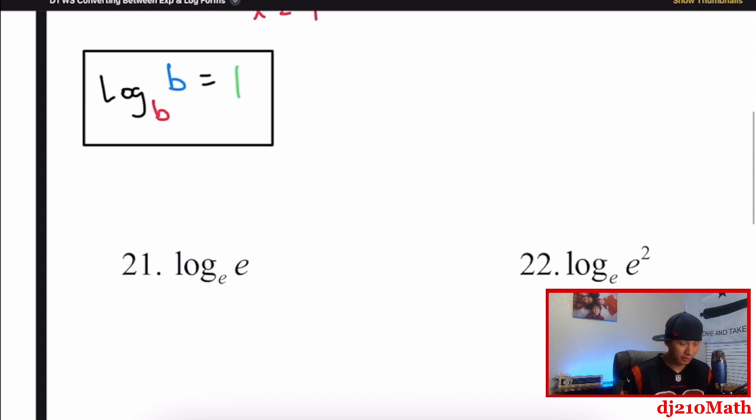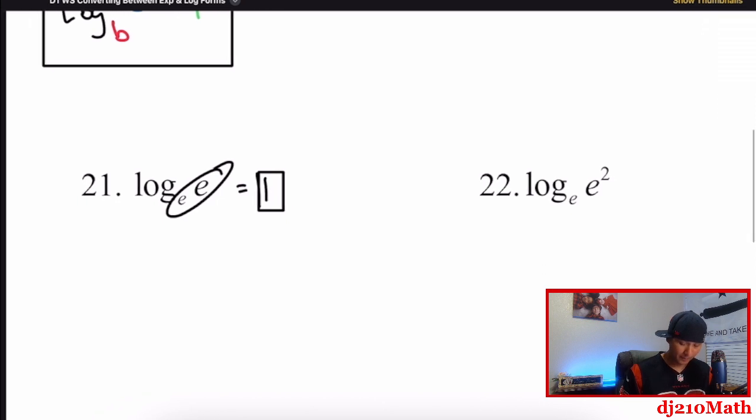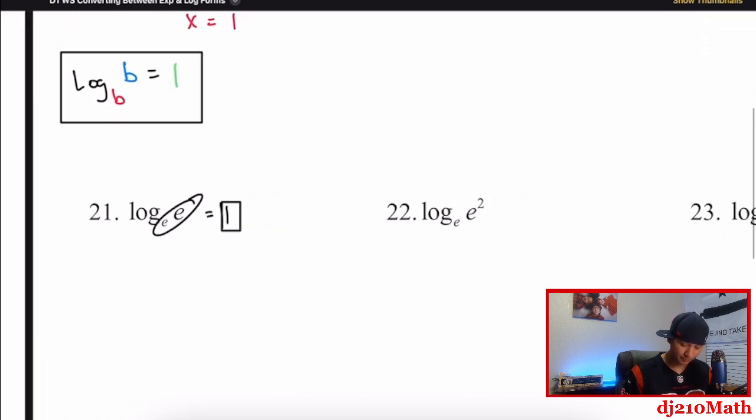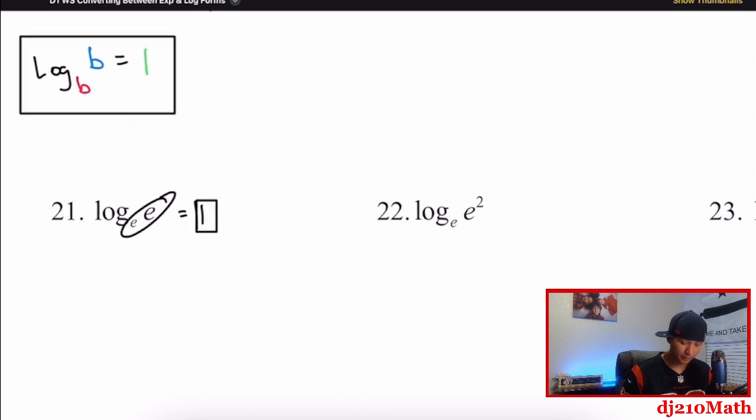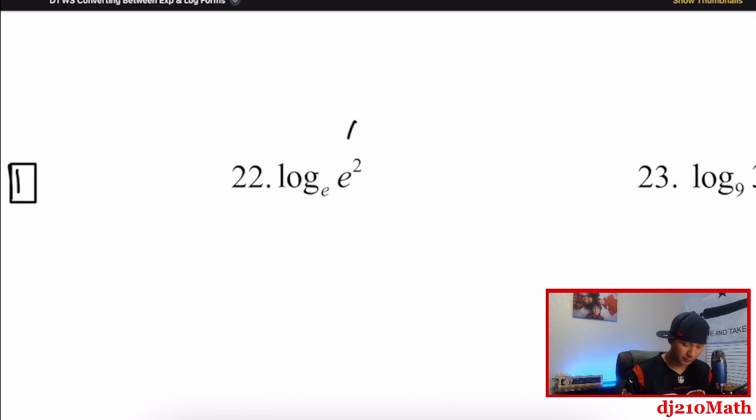Okay. Log base e of e. The base matches the argument, so it is equal to 1. Why are they so easy? Take it when you can get it. Look, what did we just say? When the argument is the square of the base, the answer is 2.